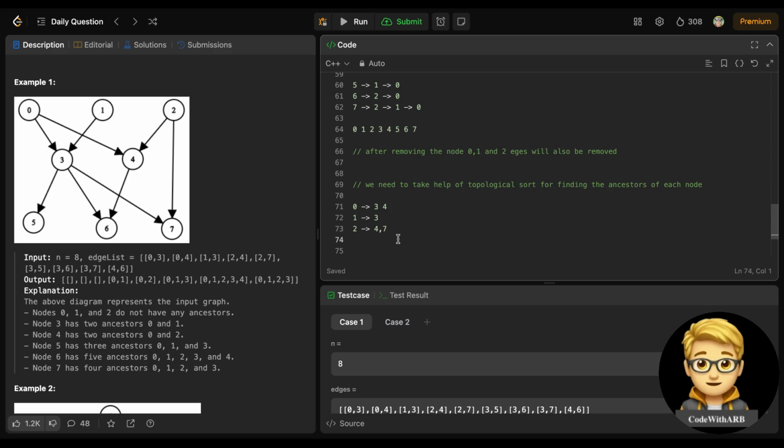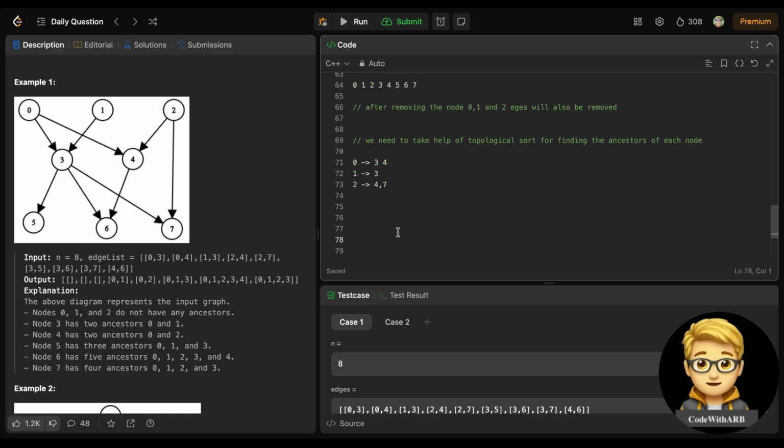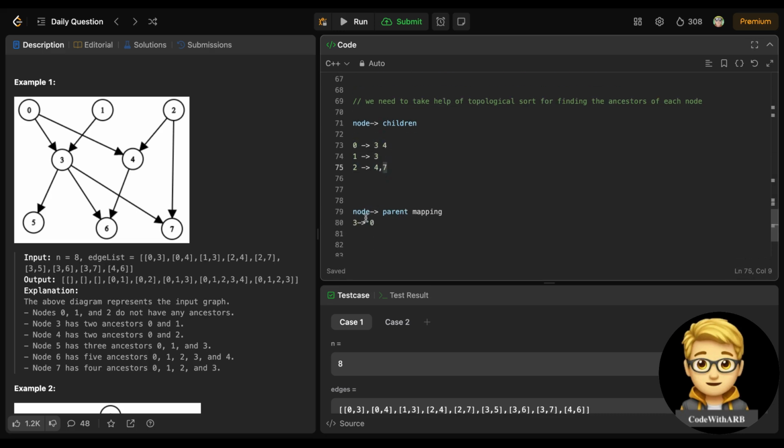So this 3 will only store 0. So basically I will write it here, this 3 only has 0 as parent, right? So basically it is a node to parent mapping, and this is a node to children mapping, right? So we will use this for finding this, right?